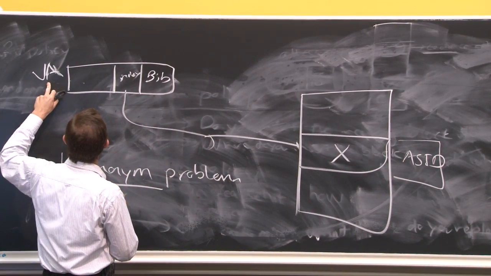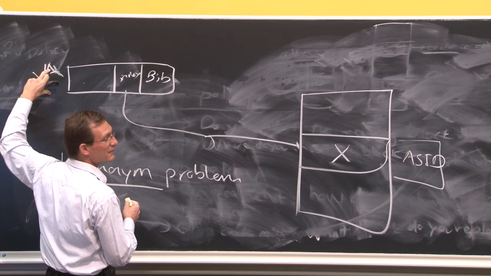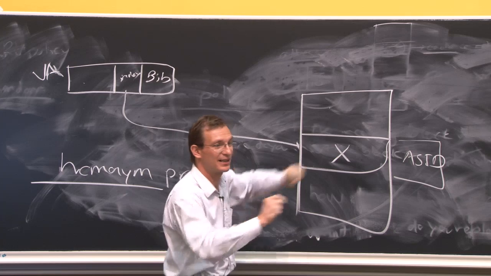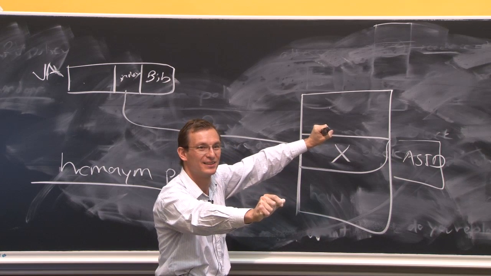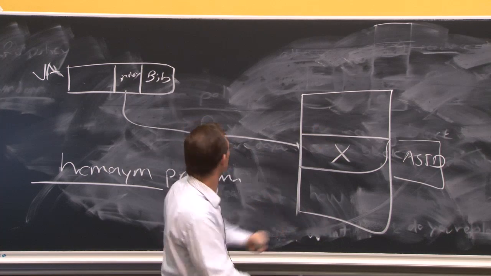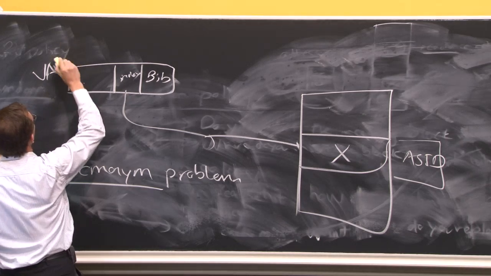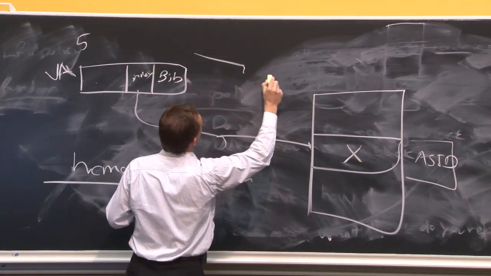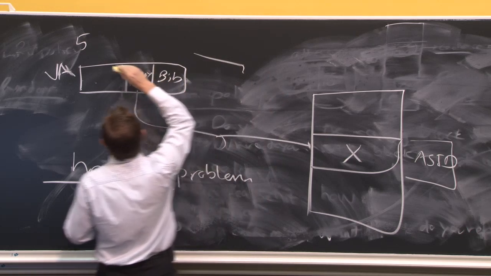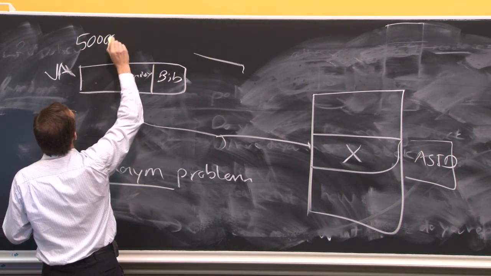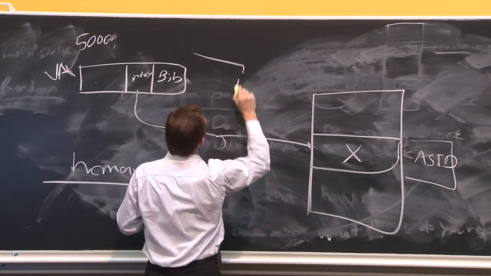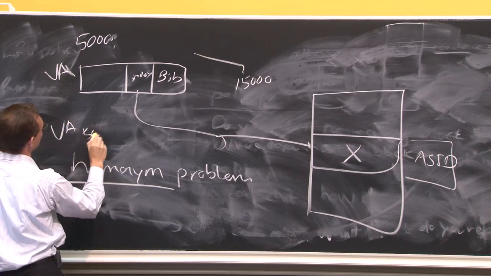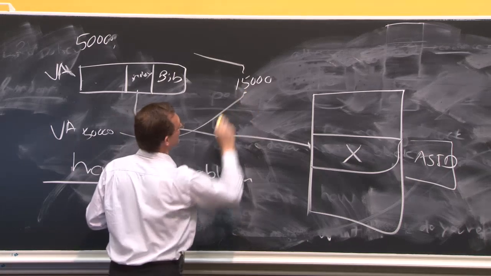If you have two virtual addresses mapping to the same physical address, if your cache is virtual, now those physical addresses are at different locations, right? Does that make sense? Because you have virtual address 5,000 mapping to physical address 15,000. And you have virtual address 50,000 also mapping to physical address 15,000.